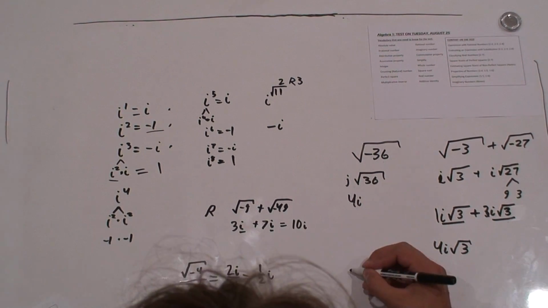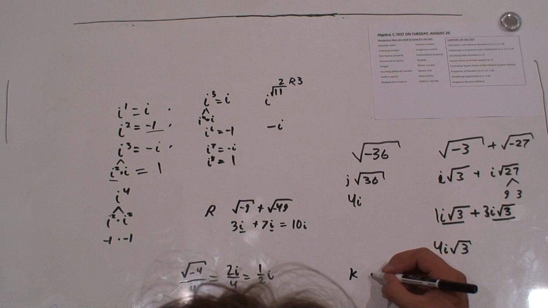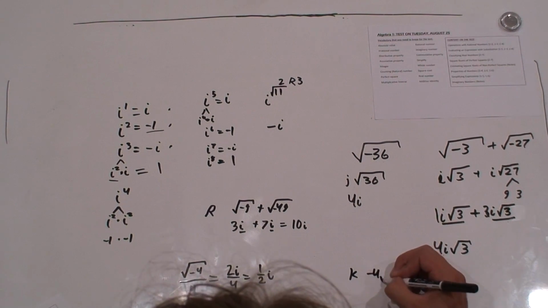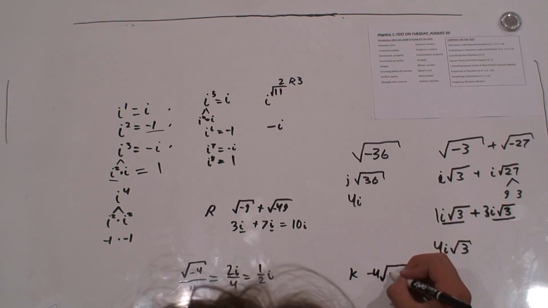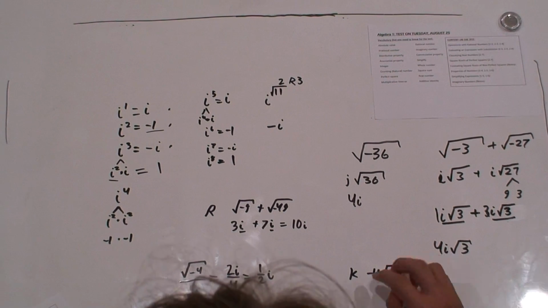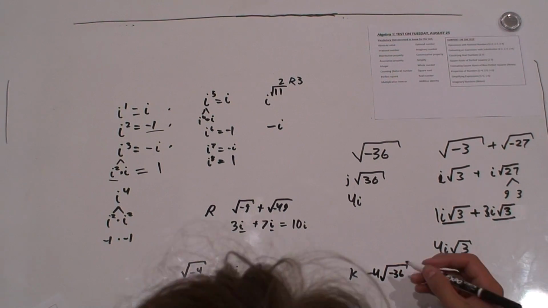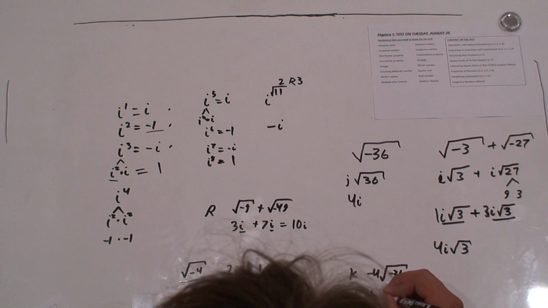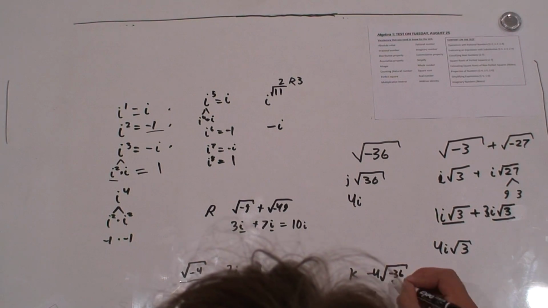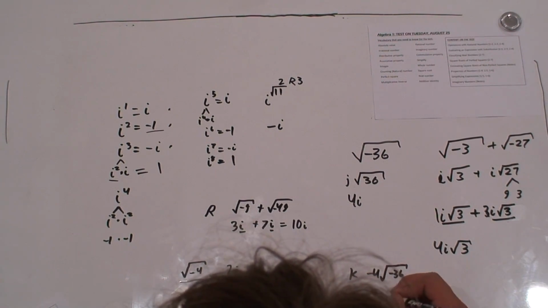Okay. Letter K, we had -4 root -36. So -4 stays out here. Then we can take an i out.